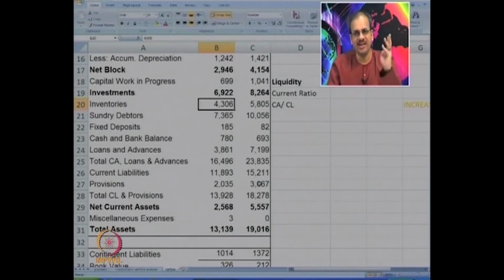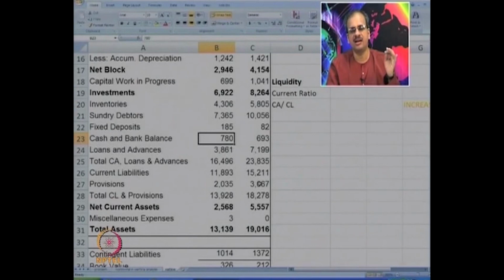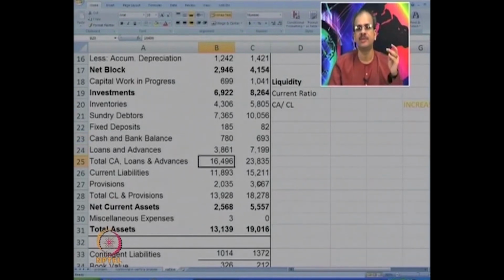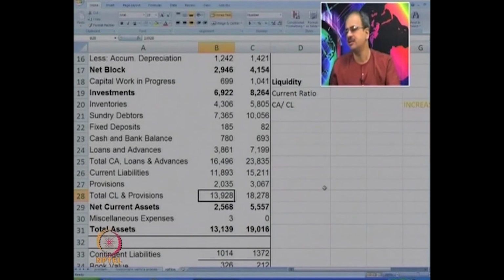We will include inventories, debtors, fixed assets, cash, loans and advances. In fact, the total is already given. So, we can directly take 16,419, and for current liabilities also, the total is given, current liabilities and provisions. Do not just take this 11,000, actually you should take 13,918, which is the total of current liabilities plus provisions.